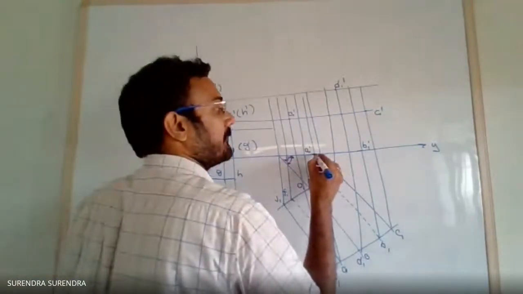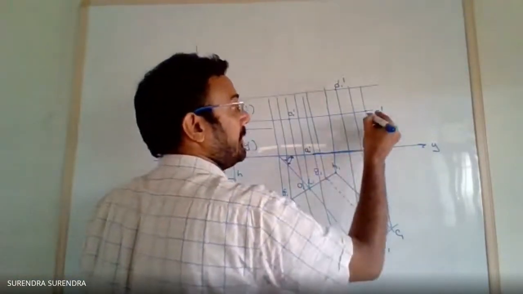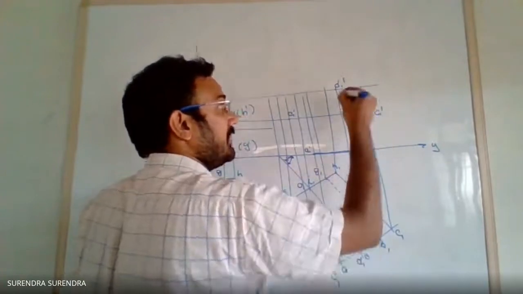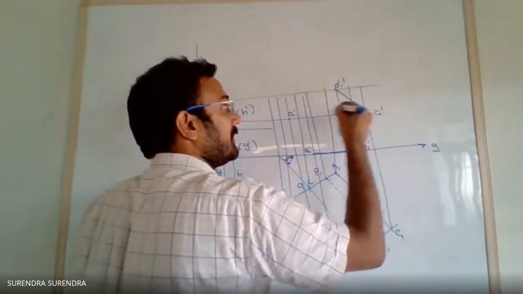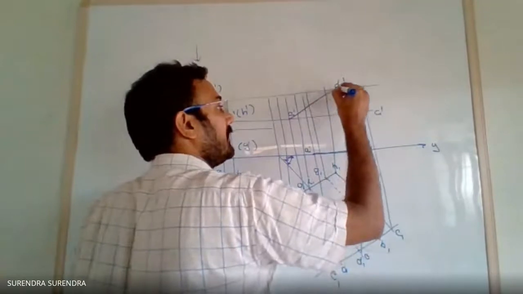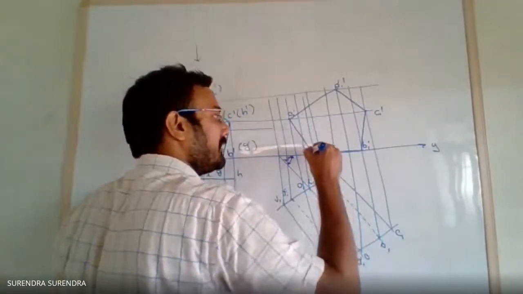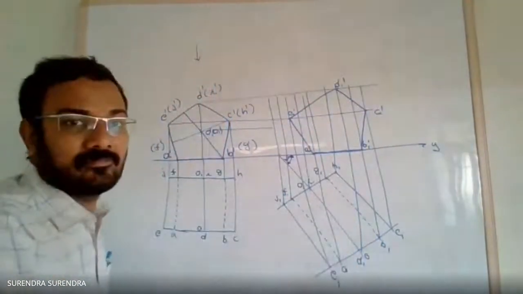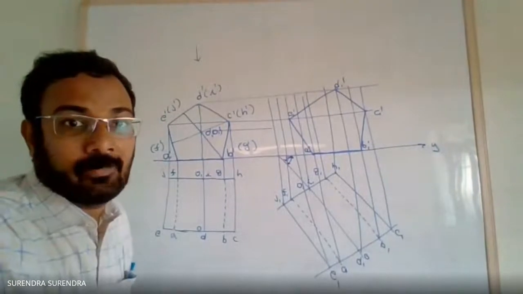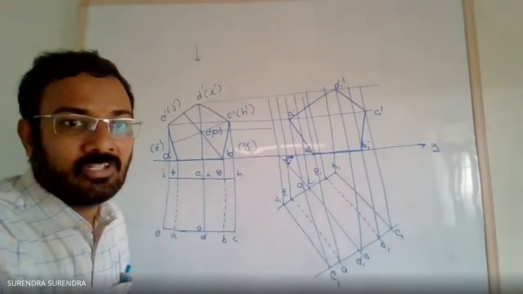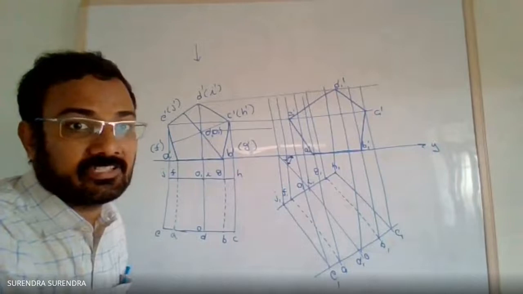So if we join them, we get A, B, C, D, E, A. One base. We are getting one base.